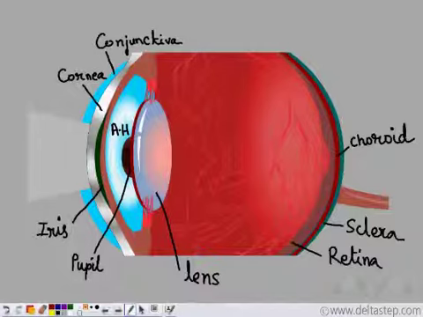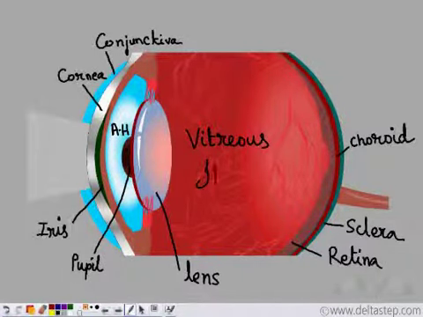This is the short form for aqueous humor. And this chamber, the vitreous chamber, contains a liquid known as the vitreous humor. So these are the various parts of a human eye.